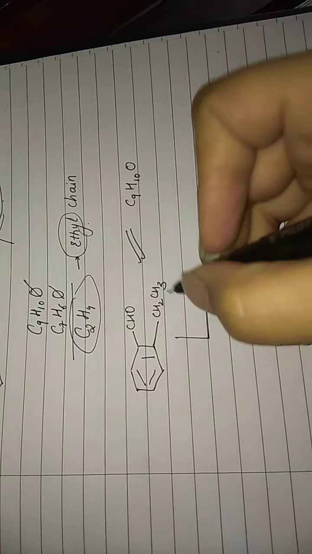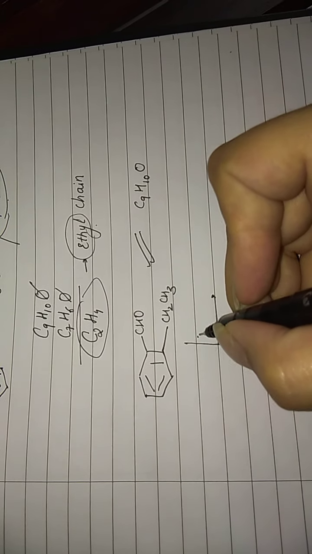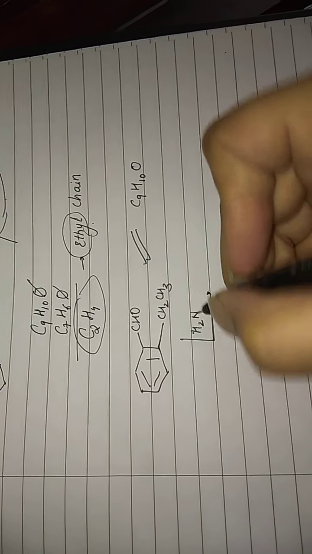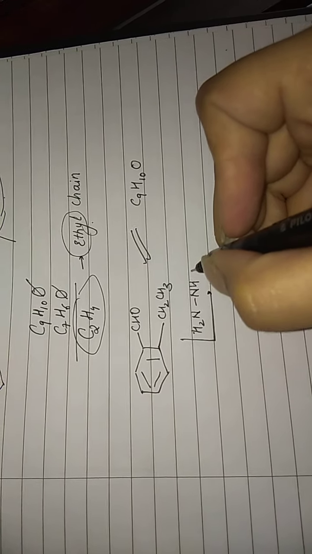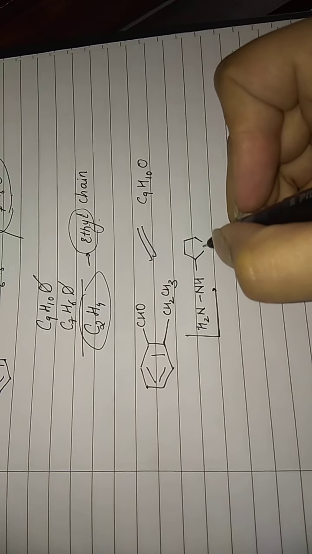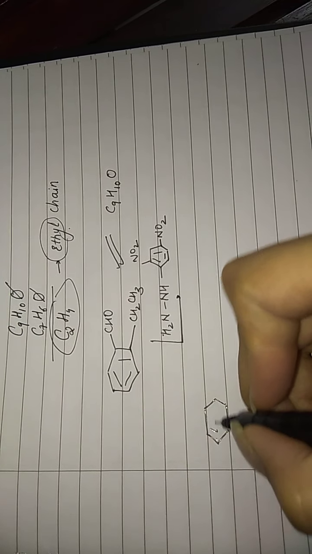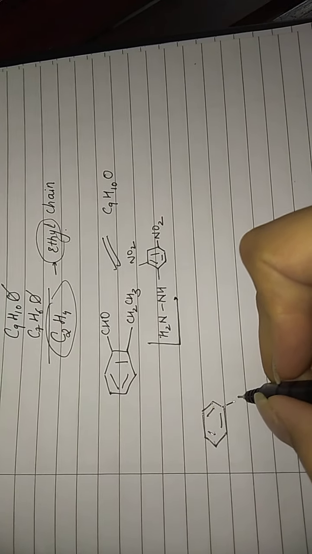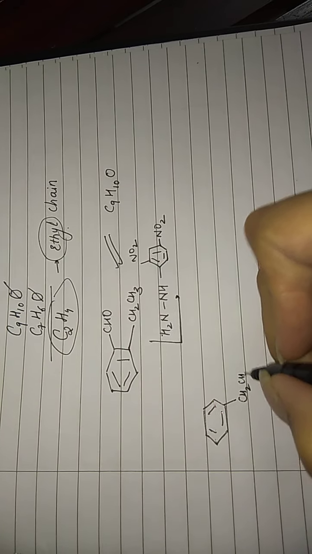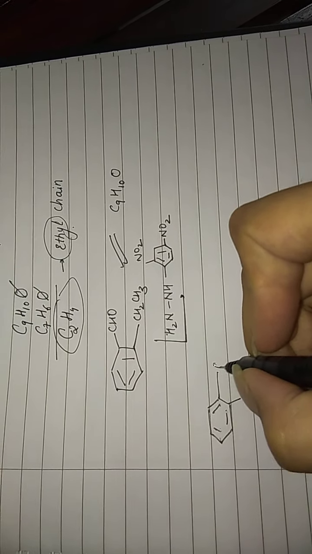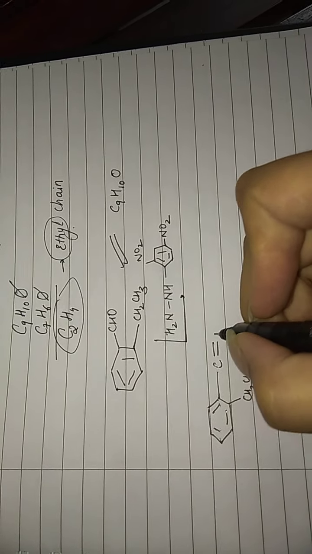We react the compound with H2N-NH. I'm writing the reaction here. If this is your CH2CH3 group and this is the CHO group, let me make the structure like this.